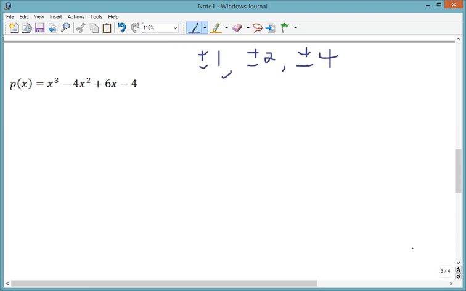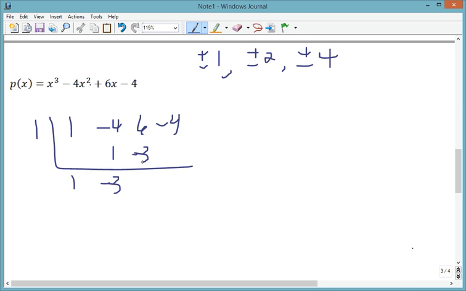So let's start trying them. 1, negative 4, 6, negative 4, and let's just try 1. How many positives do I have? 1, 2, 3, or 1, right? So there's got to be at least 1. It's 1, that'd be negative 3, negative 3, that'd be 3. That's a positive 3.